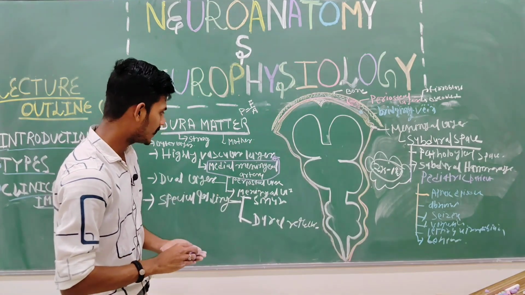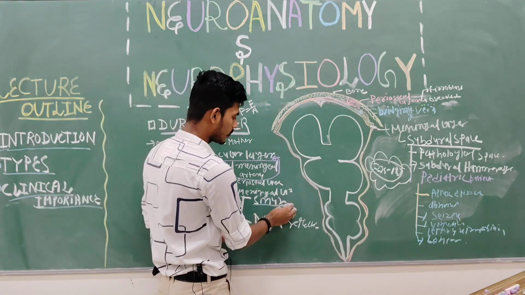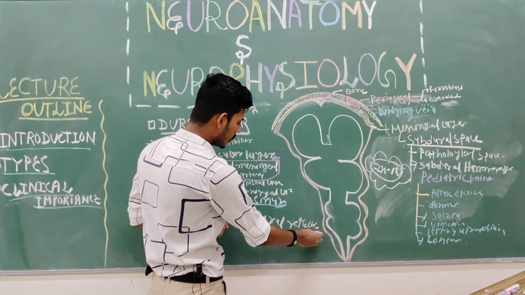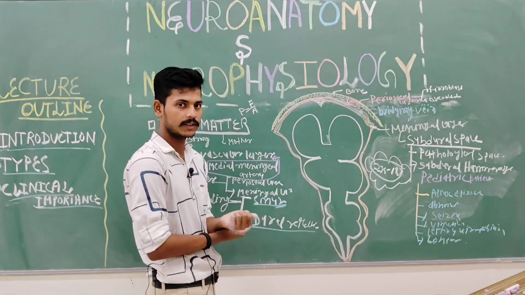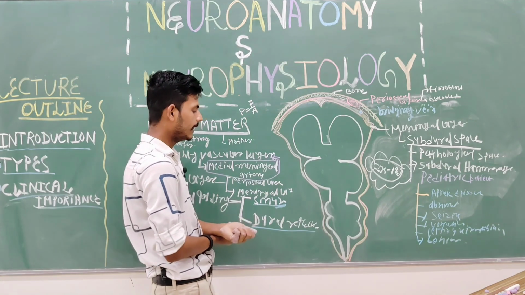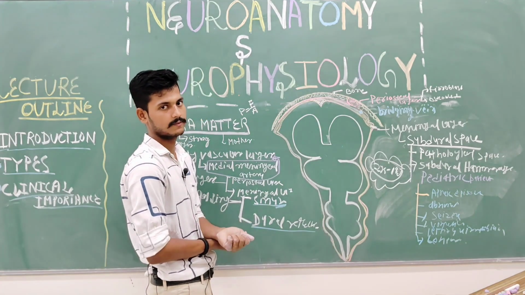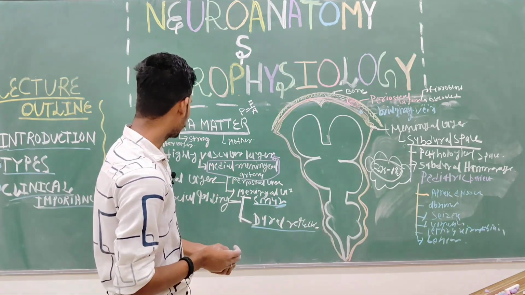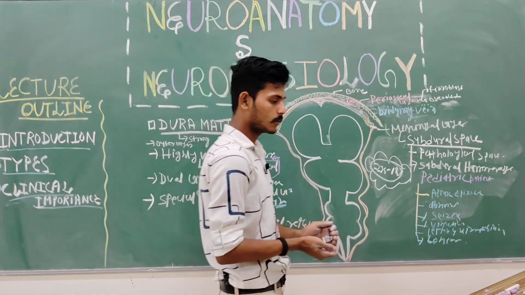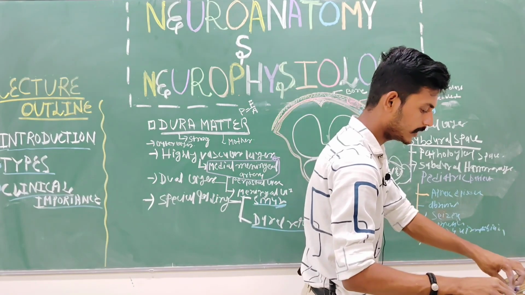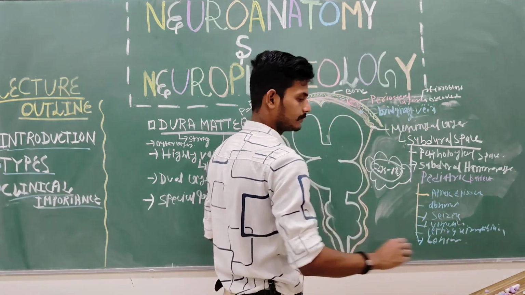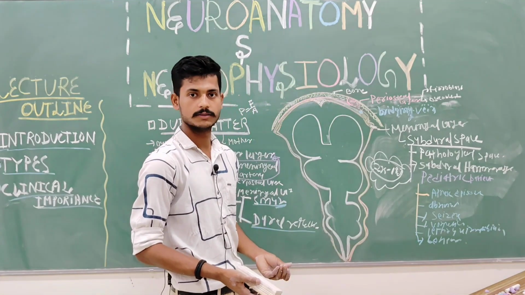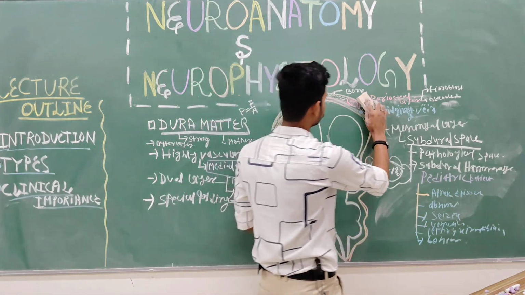Just remember that there are four sinuses formed by the dura mater's folding, and there are two dural reflections. The first one is called the falx cerebri and the other one is called the tentorium cerebri. Falx cerebri and tentorium cerebri. Understood? No problem. Now let's discuss the second layer, called the arachnoid mater. Till here you have any doubt? No doubt? Okay.